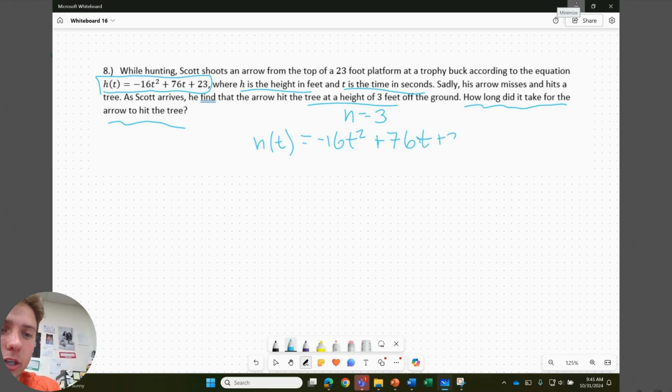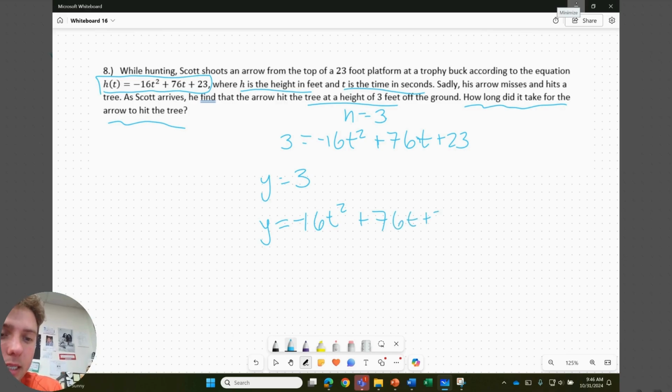In this notation, when you replace h, that is technically h of t, you're replacing that entire thing with that value of 3. Now this is just a system that we can solve. We can take the left side, make it one equation. We can take the right side, make it the other equation. When you know what something is equal to, plug it in, type them into Desmos, and find your solutions for this one.